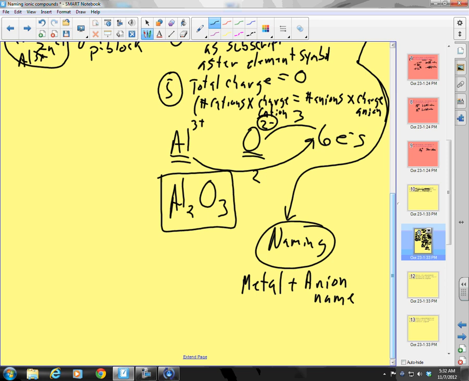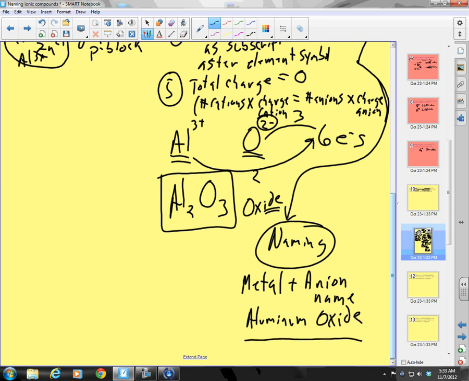So my metal is what? Aluminum. And what's my anion name? Well, it is oxygen. So we start off with my stem ox, and we put what? Ide, because it is an anion. And so this would be aluminum oxide. That's all there is to it.